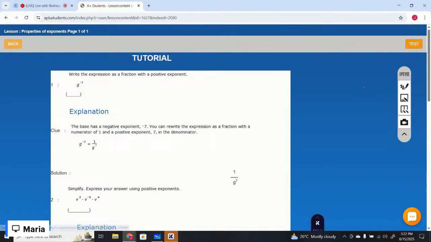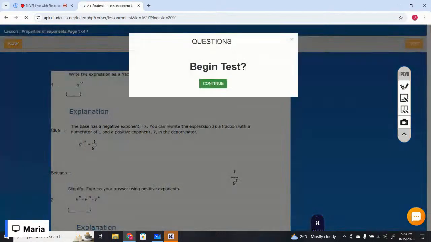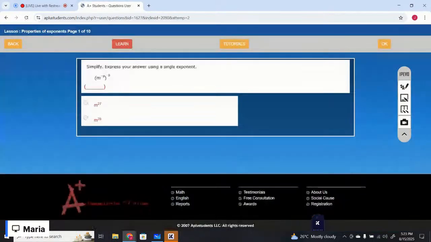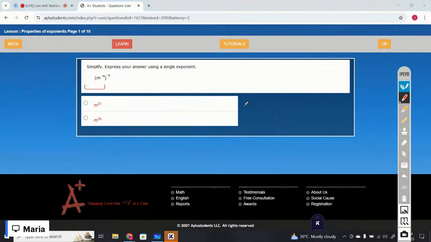Let's just start with the test questions. Exponent negative 9, exponent negative 3. So basically, if we have an exponent like this, a exponent m exponent n, we can write it as a exponent m times n, and you need to multiply both the exponents, right?